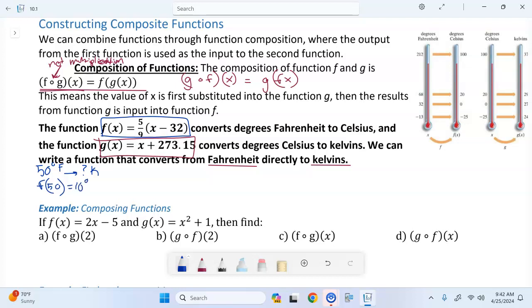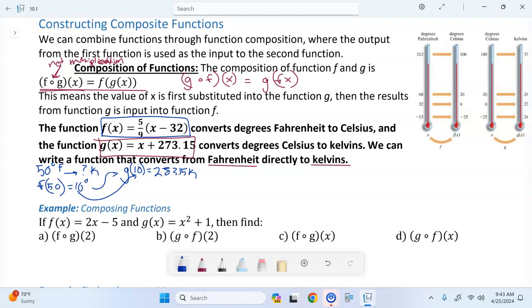And then I had to take that 10 degrees and plug it into my function for Kelvin, and that gave me 283.15 degrees Kelvin. So I had to evaluate both of those functions separately, one at a time in series, and I used the output from my first function to go into my second function and then evaluated it from there.